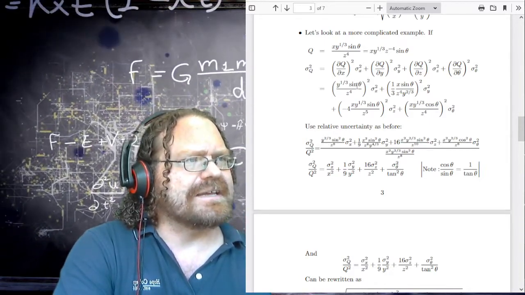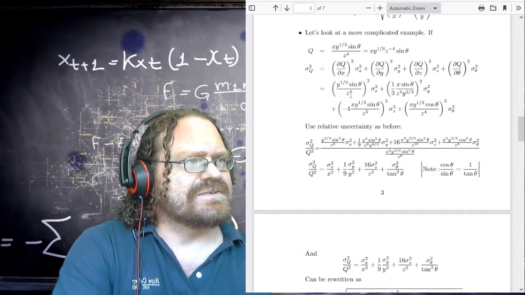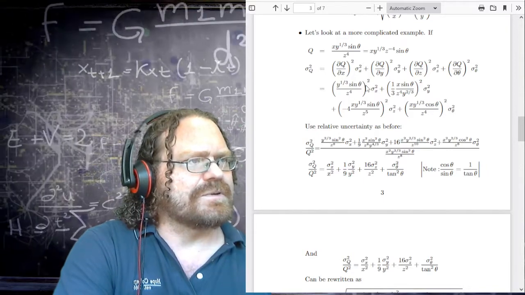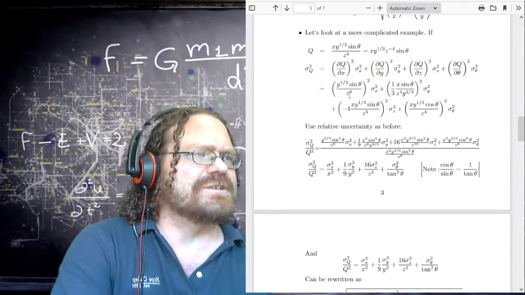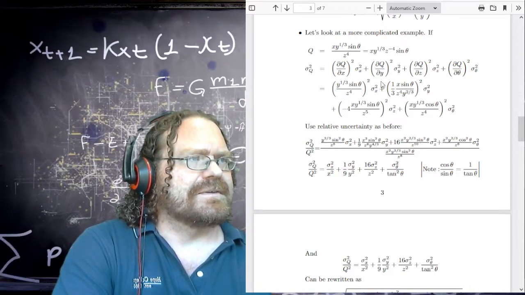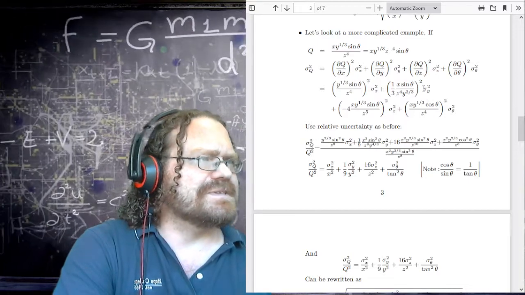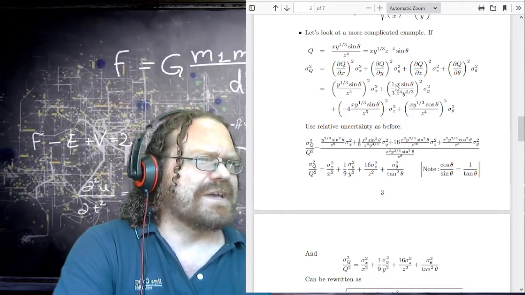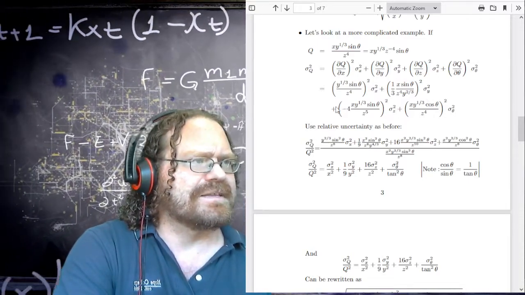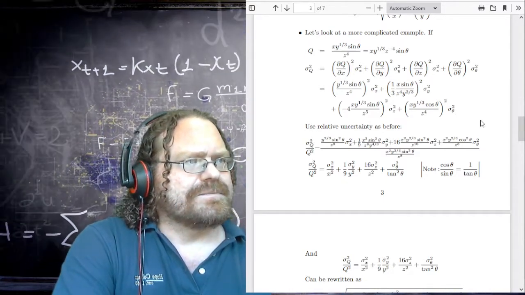Instead of just sine of theta, we have sine squared of theta. Instead of z to the 4th, we square that, and when we square exponentials, you multiply them, so there we go: z to the 8th, times sigma x squared. We do the same thing with the rest of these, so the 1/3 becomes 1/9, and the -4 becomes 16, and all the way through.